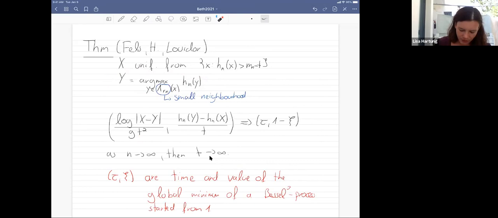And then if we scale the logarithm of the distance of the 2 points by t squared times g, where this g is just some constant, in the first component, and then in the second component, we look at the height difference divided by t. Then this converges in distribution to the time and the value of the global minimum of the Bessel-free process that we start from 1.